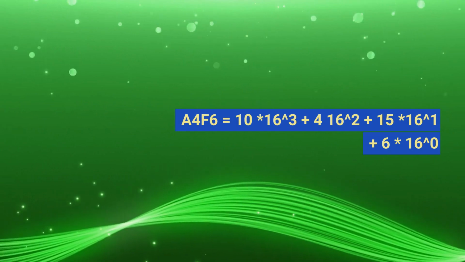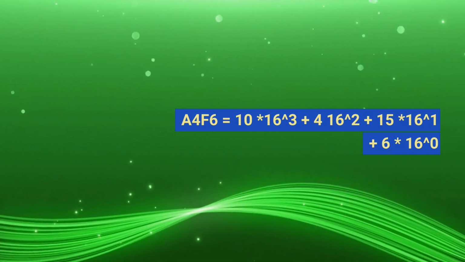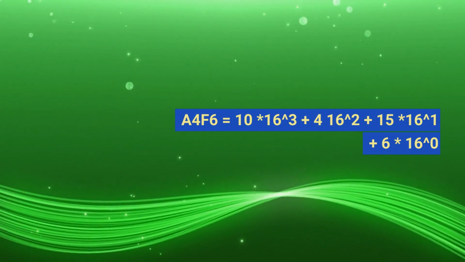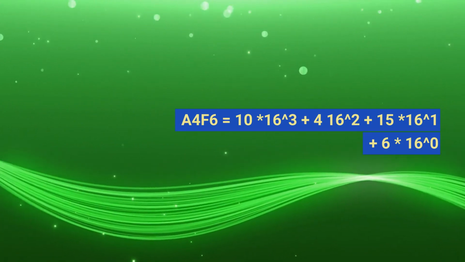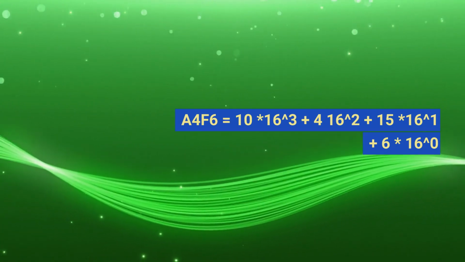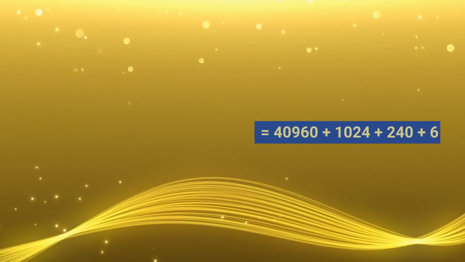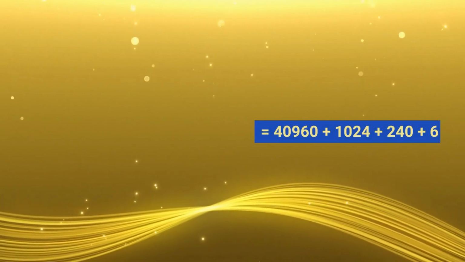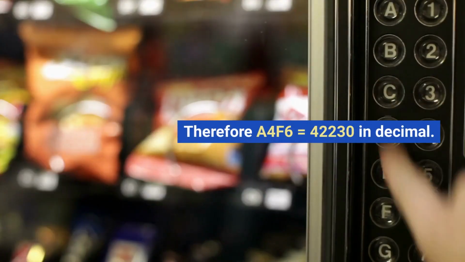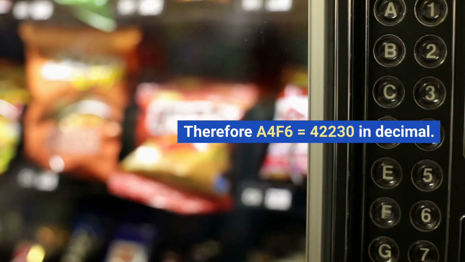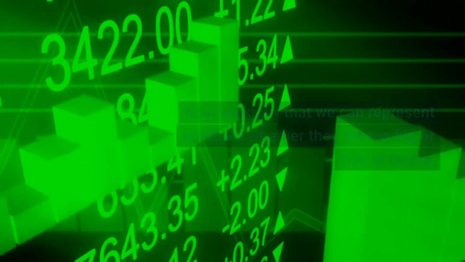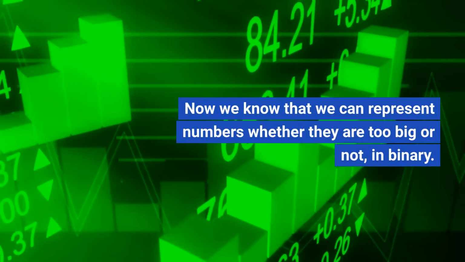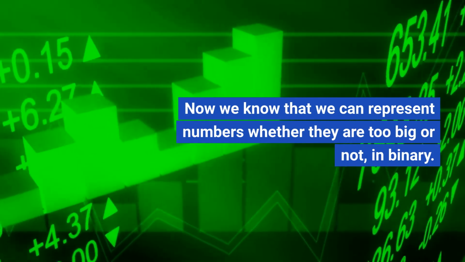A4F6 equals 10*16^3 plus 4*16^2 plus 15*16^1 plus 6*16^0, which equals 40,960 plus 1024 plus 240 plus 6. Therefore, A4F6 equals 42,230 in decimal.